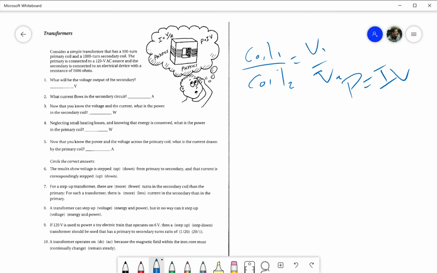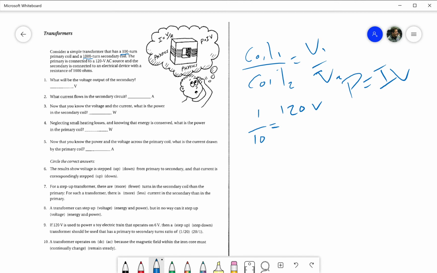What will the voltage output be of the secondary? We have a 100 turn primary and a 1,000 turn secondary, so we have a coil ratio of 1 over 10 from primary to secondary. The primary has 120 volts AC. And again, it has to be AC. It cannot be DC.